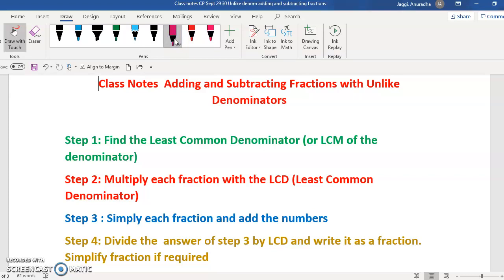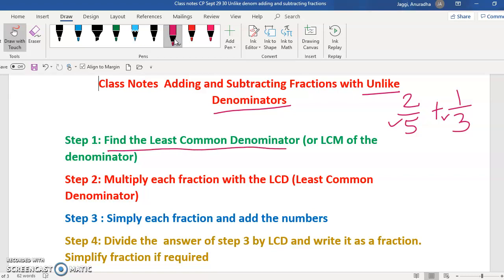Say I take up an example 2 by 5 plus 1 by 3. Unlike denominators, 5 is different from 3. Step 1, find the least common denominator. That means the least common multiple of the denominators, right?